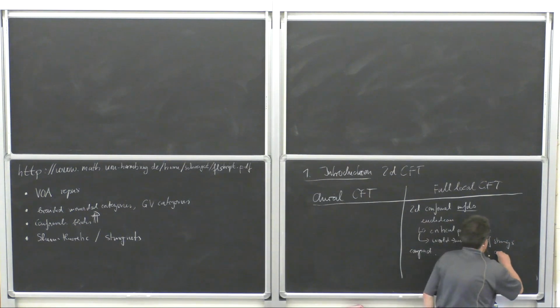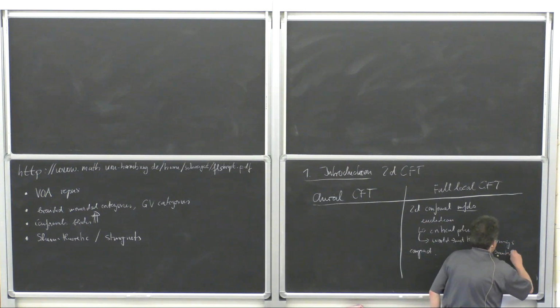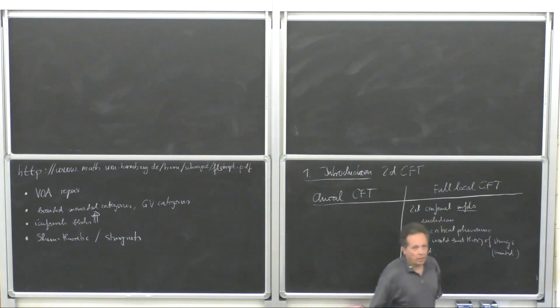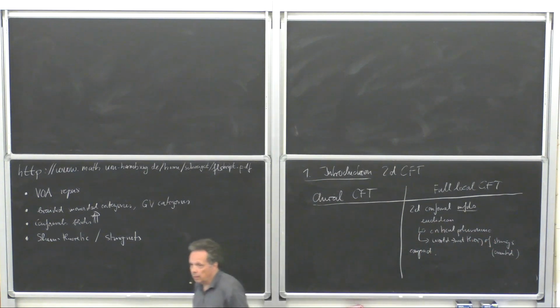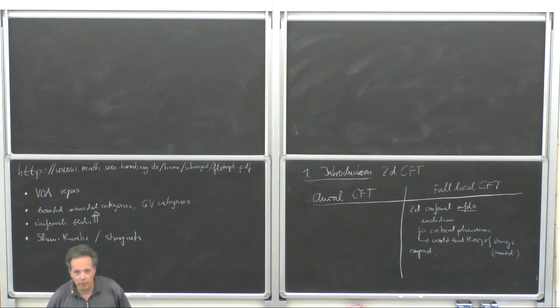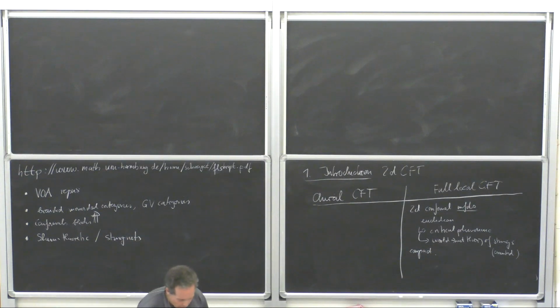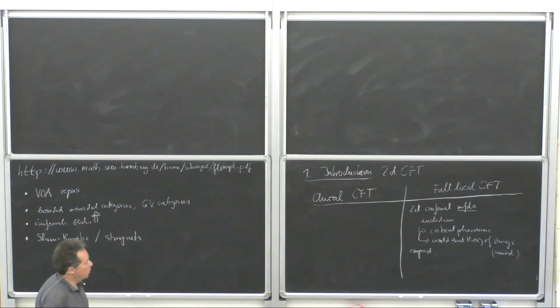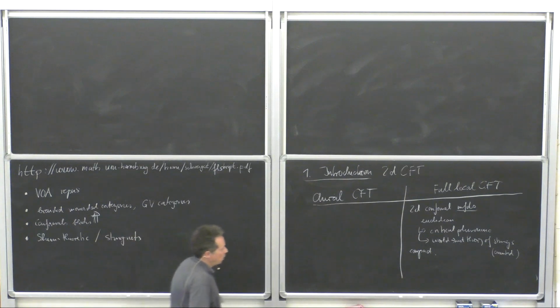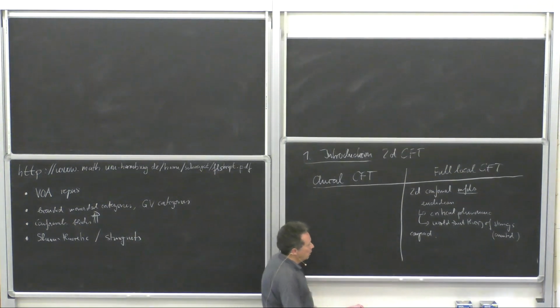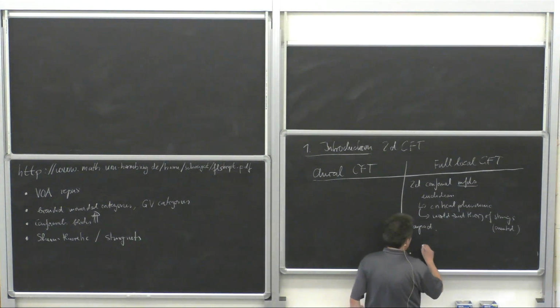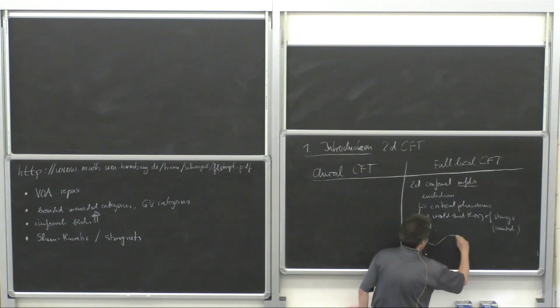I will assume that this here is oriented. If you want to get information about unoriented strings, which appear in string theories of type 1, unoriented CFTs, please ask me questions.